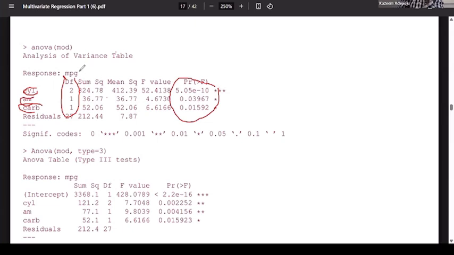You want to see whether MPG is going to be the same at 3 levels of cylinder, at 2 levels of AM, and at 2 levels of carb. I believe the person that sent me the question really understands the explanation.